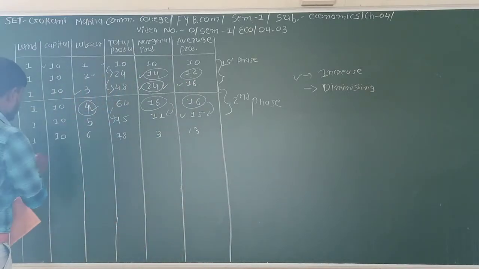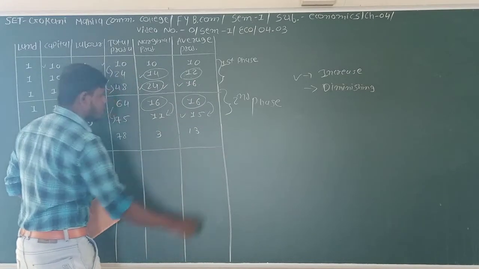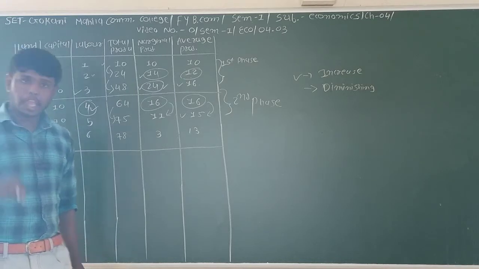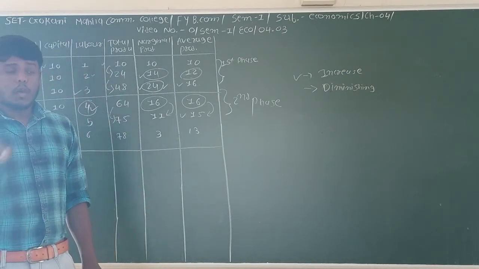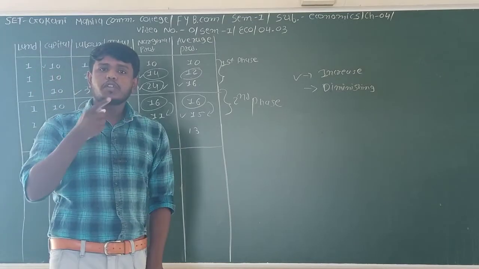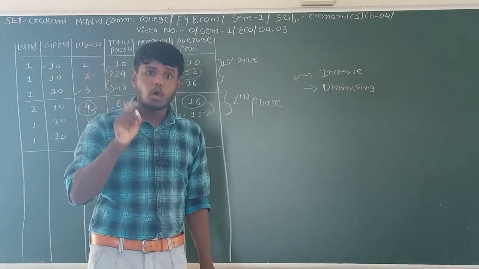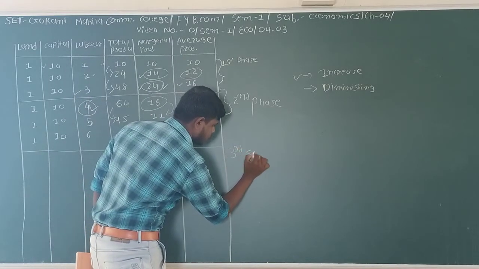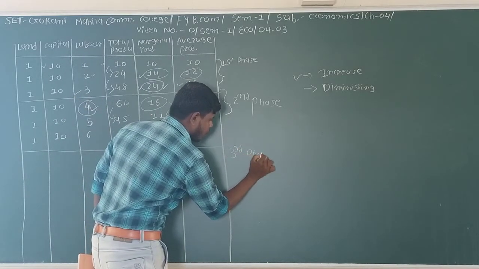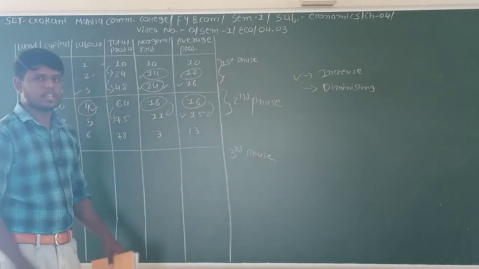After that we will reach the third stage, which is actually the diminishing stage, when the law of diminishing margin operates. So this is the third stage, or the third phase, of your diminishing margin.